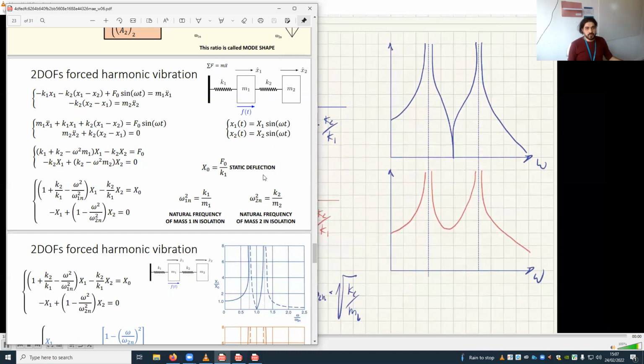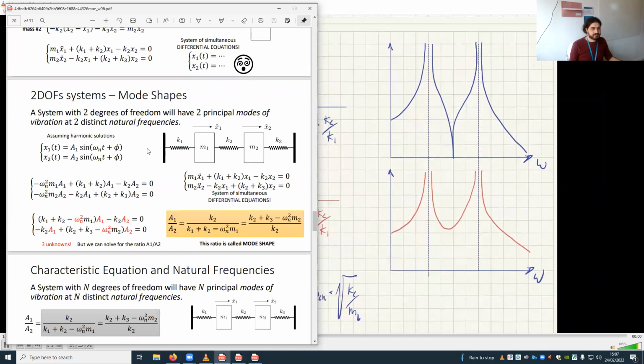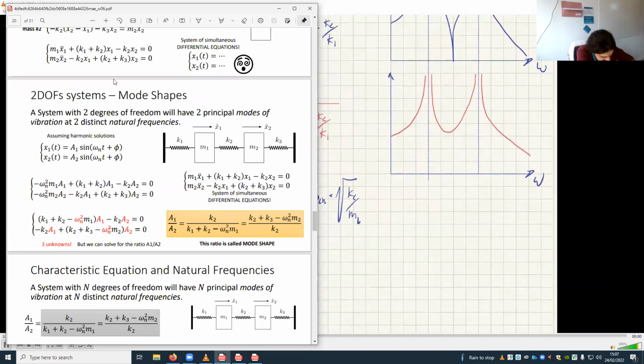So now let's start with the vibration absorber. I'm just copying basically the 3 equations that you need, and they will all be what you need. These are the only things that you need at all. So copying this one: (K2 over K1 plus K2 minus omega n squared m) equals again (K2 plus K3 minus omega n squared m) divided by K2.